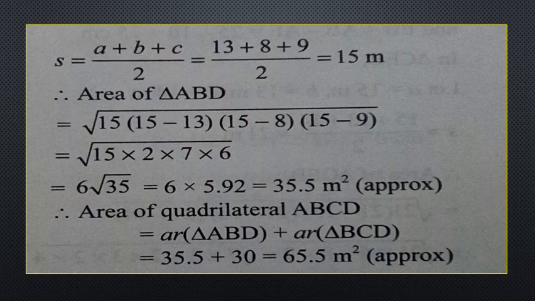Now we can find the area of triangle ABD by using Heron's formula. So square root of 15 into 15 minus 13 into 15 minus 8 into 15 minus 9. That is equal to 15 into 15 minus 13 is 2 into 15 minus 8 is 7 into 15 minus 9 is 6.